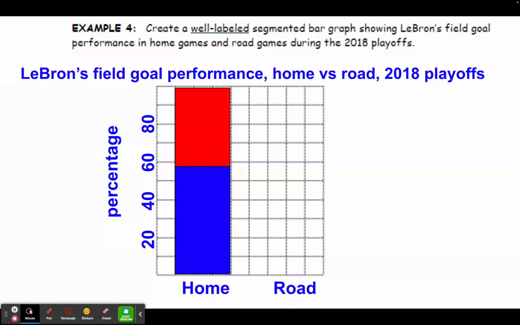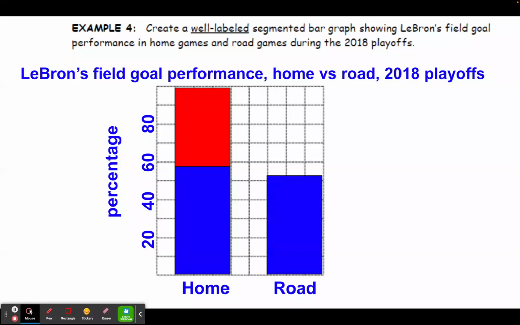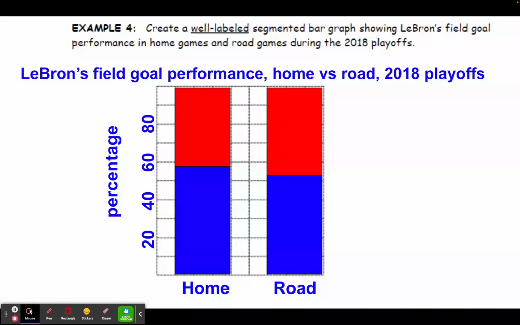And so that missed section will get stacked right on top of the made one. So made and missed total make 100%. On the road, he made 51% and he missed 49%. So 51 and 49 stack up to make 100%.